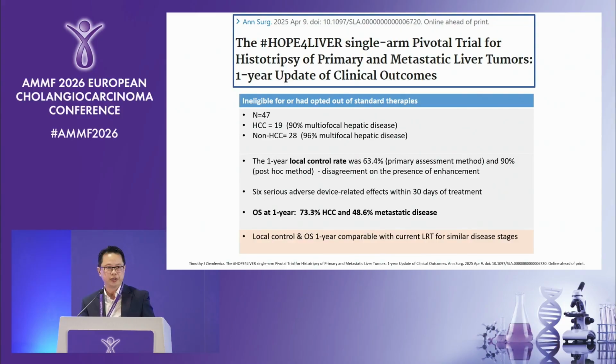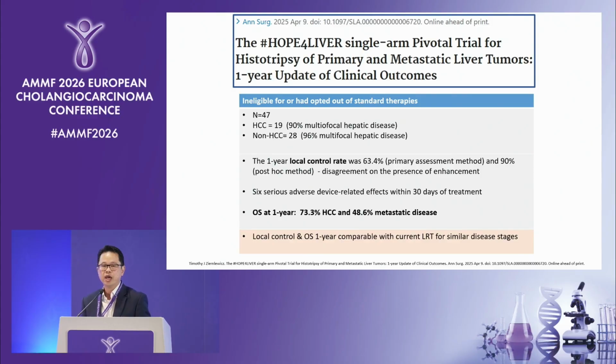The study conducted a 12-month analysis, including part of it HCC and others non-HCC patients. The local control rate, initially reported as 63%, was subsequently upgraded to 90%.